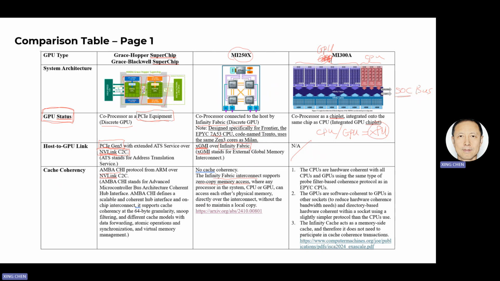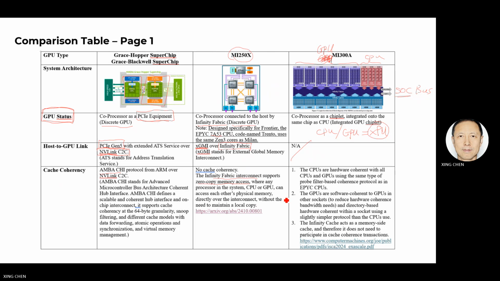So it's a CPU specifically designed for the Frontier system to be connected to the MI250X. This may explain why there is no cache coherency running on top of this system.